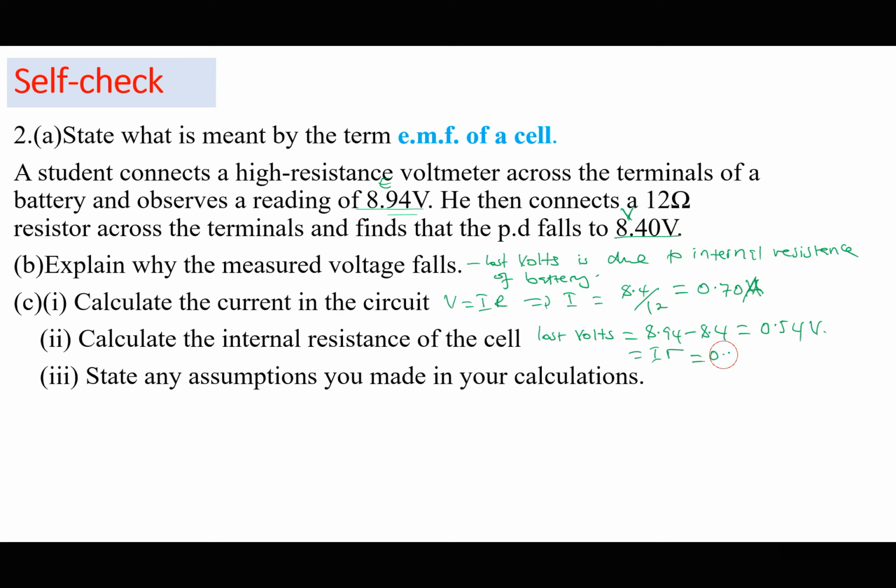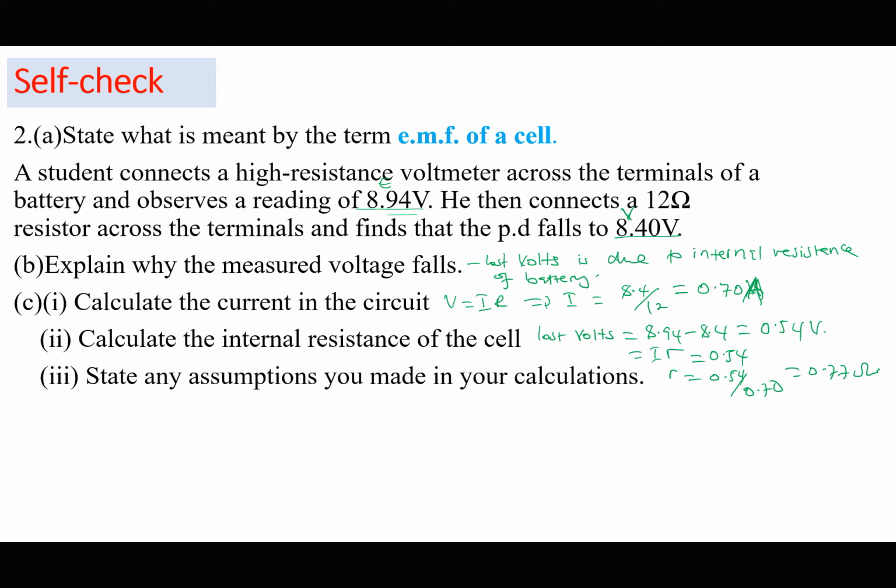So R is going to be 0.54 divided by the current, 0.70. So divide by 0.7, which gives us 0.77 ohms.